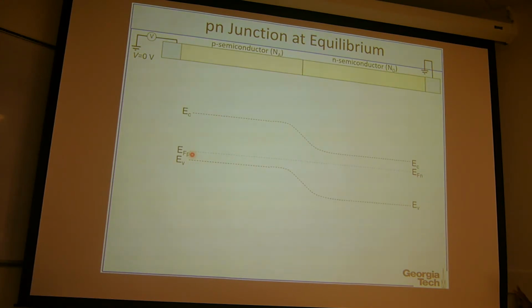So that means this EFP will move up, and the EC and EV will follow. If you apply negative 0.5 volts, then the EFP will move up by 0.5 electron volts, and also EC and EV.